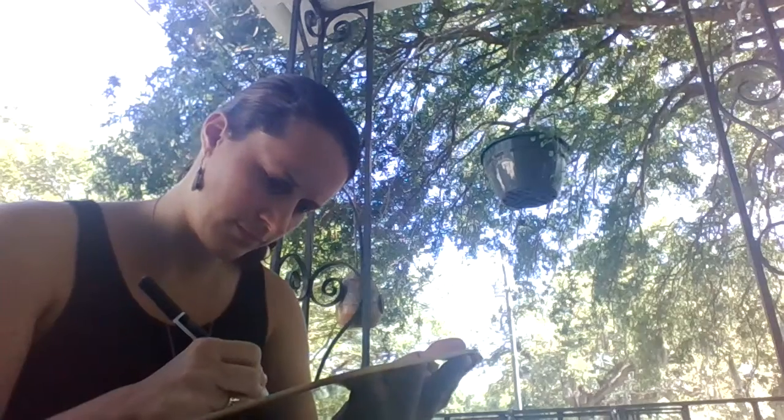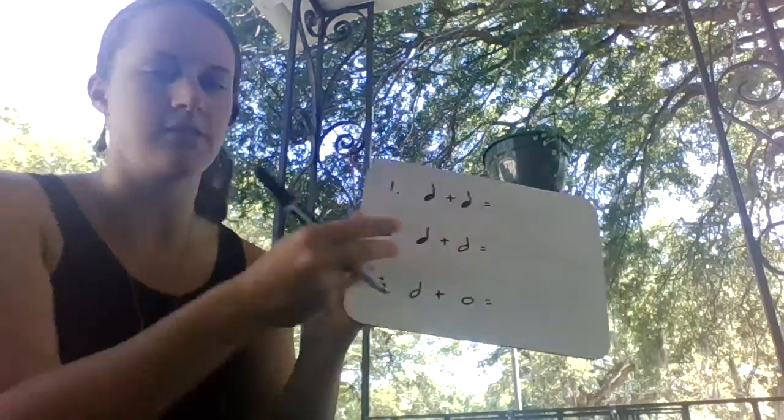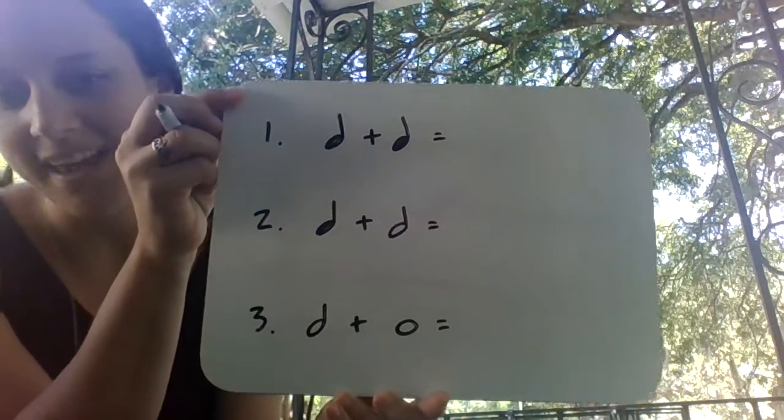I'm going to give you a second to think about all of them. Okay, we already did a couple of these. I'll give you a second to think about it.